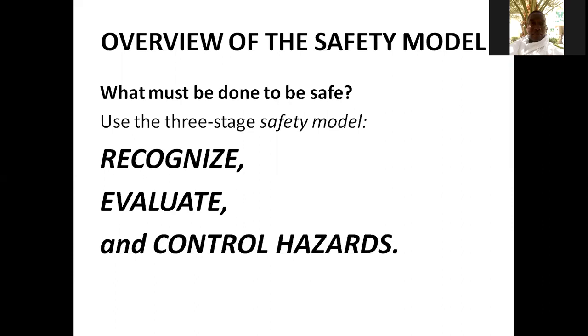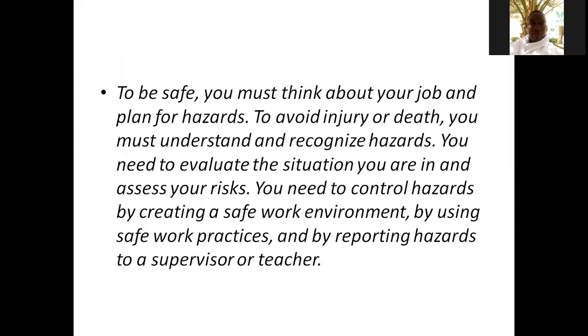The third stage is control the hazard. So these are the 3 stages of safety model when it comes to hazard analysis. You recognize the hazard, you evaluate the hazard, and you now control the hazard.